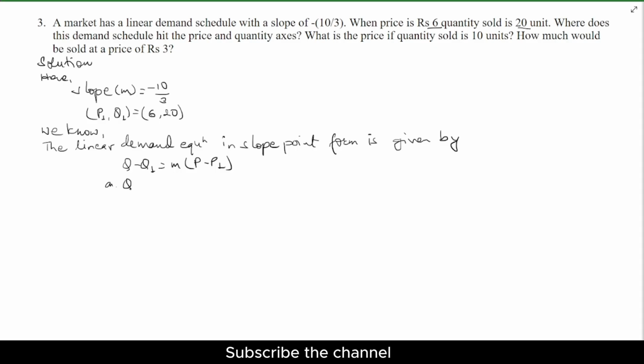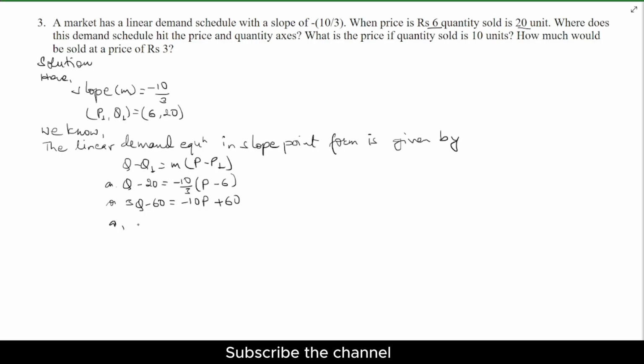Q as it is, Q1 is 20, m is minus 10 by 3, and P minus P1 is P minus 6. We'll solve it. Q minus 20. Okay, we'll multiply this directly: 3 with Q equals 3Q minus 60 equals minus 10P plus 60.